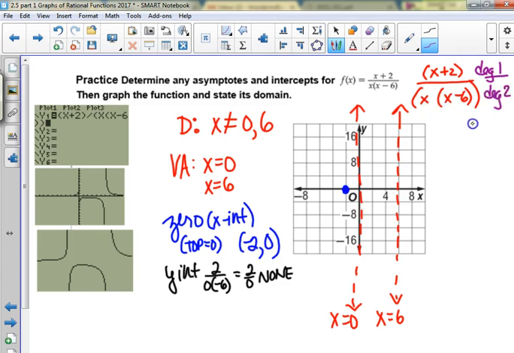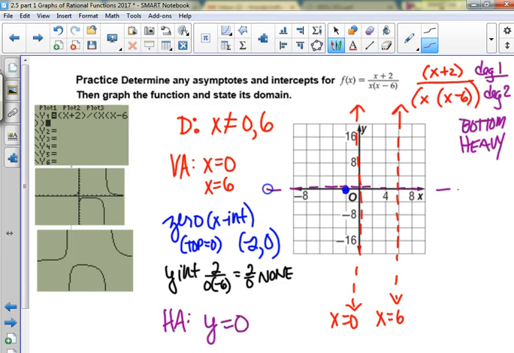And what does degree 1 over degree 2 mean? Okay, and if it's bottom heavy, what does it approach? Guys, think about it. If you have a little number over a really big number, it's going to approach 0. So the horizontal asymptote, it happens to have an asymptote, is at y equals 0.